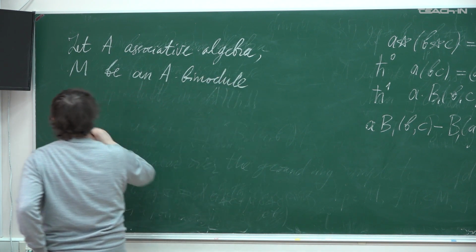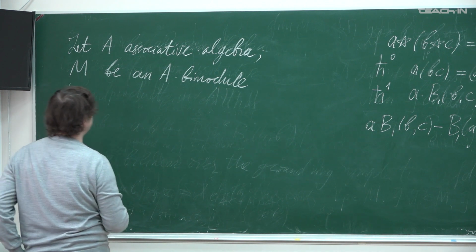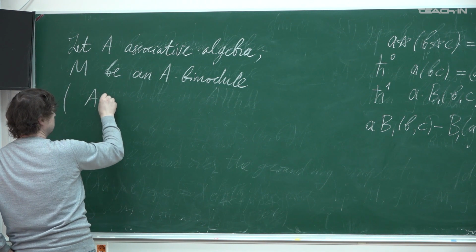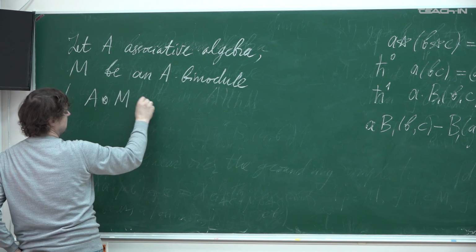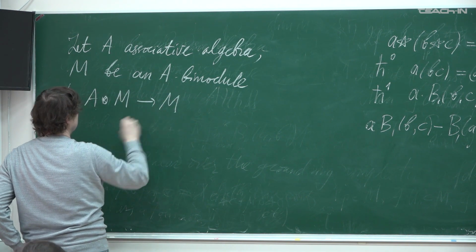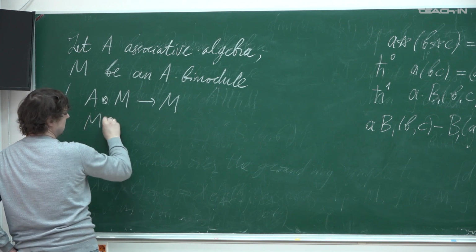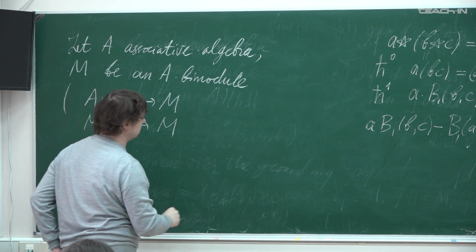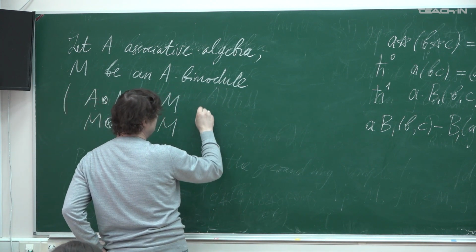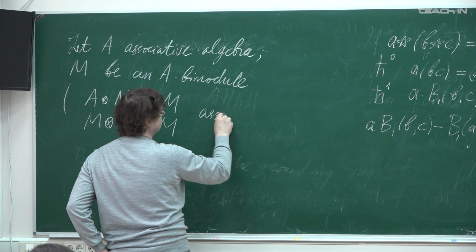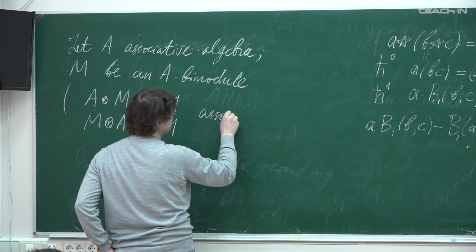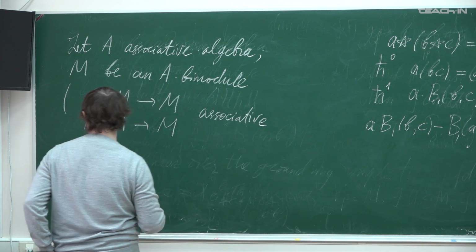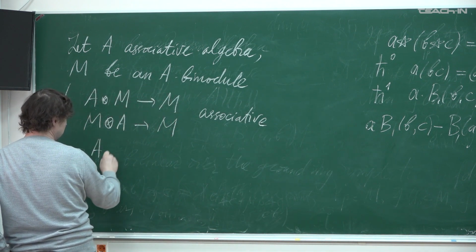Let me recall that a vector space is called an A bimodule if it is endowed with two module structures, a left module structure and a right module structure, which verify the standard set of equations. So they are both associative, on the left and on the right. And they also verify the commutativity condition.